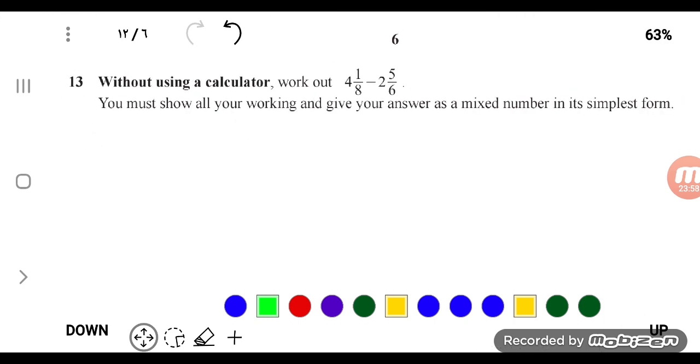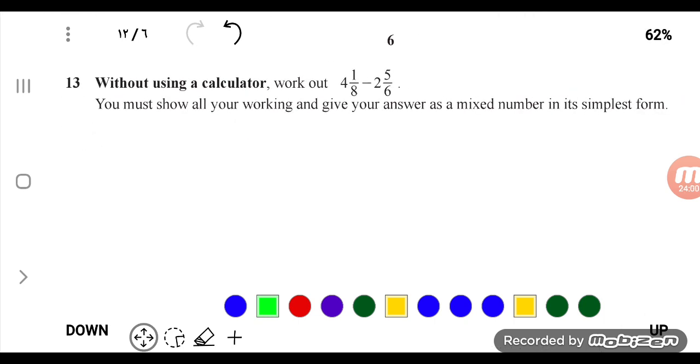In this question here, without using a calculator, work out 4 and 1/8 minus 2 and 5/6. So we start by converting mixed number into fraction.